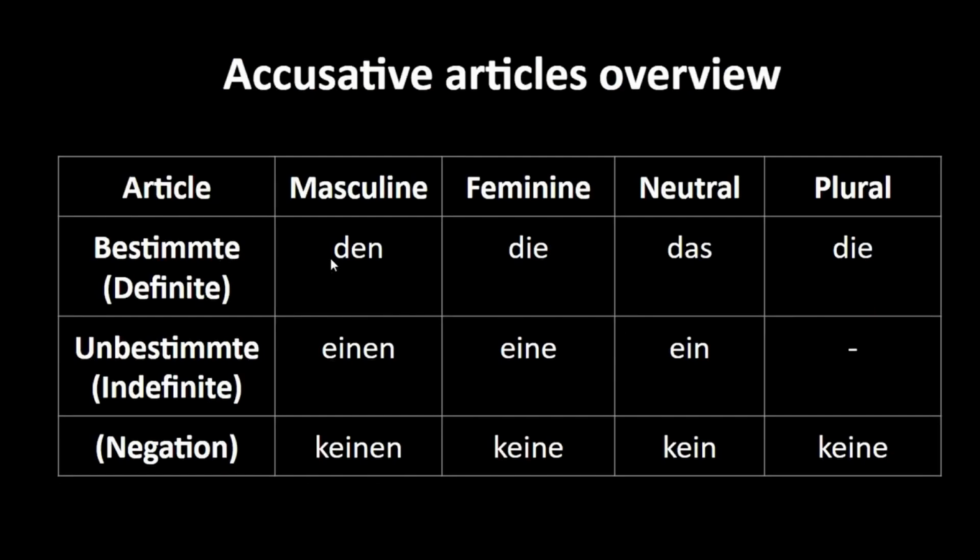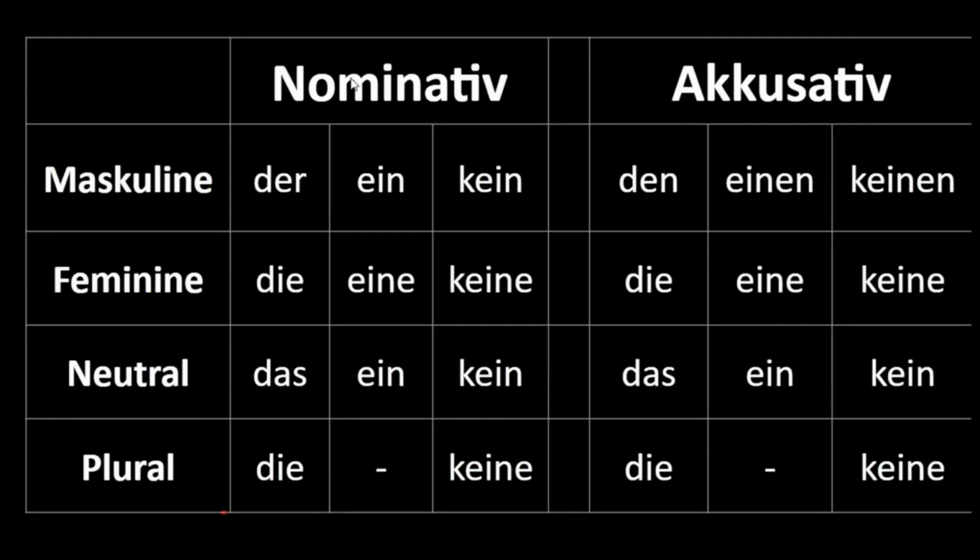So here is a summary of the accusative articles. The bestimmt articles are den, die, das, die. Unbestimmt articles are einen, eine, ein. Negationsartikel are keinen, keine, kein, keine. And when we compare the articles between nominative and accusative, we understand that in nominative, the masculine definite article is der, the indefinite article is ein, and the negation article is kein.